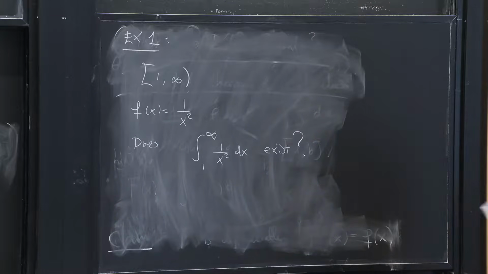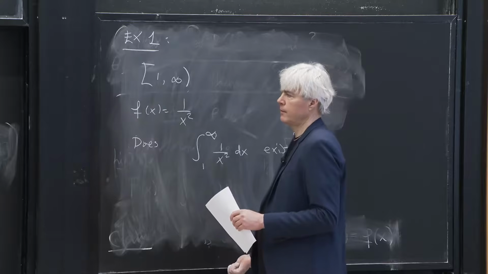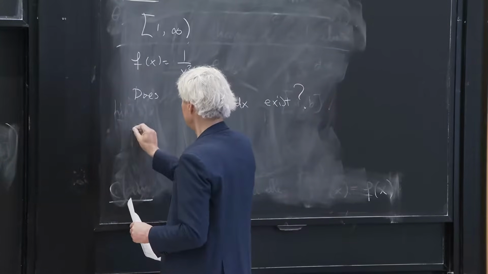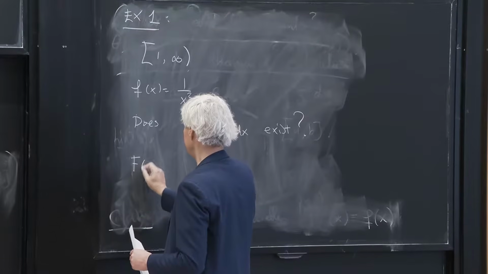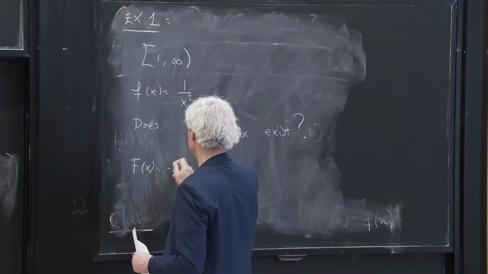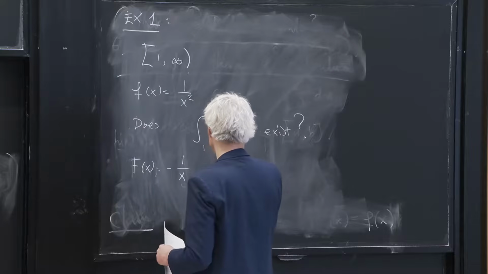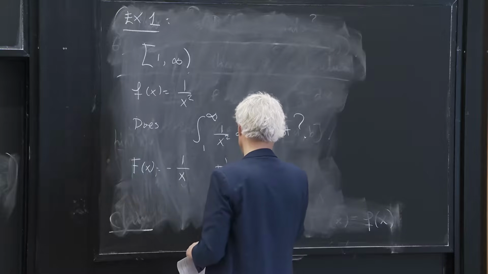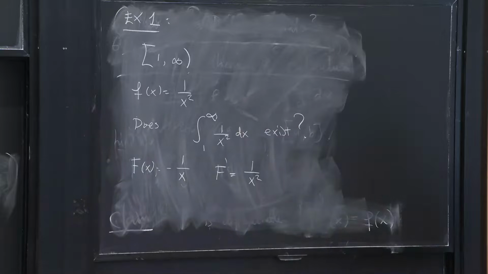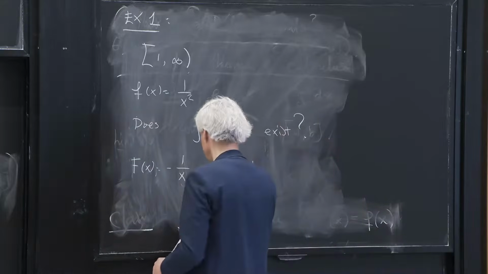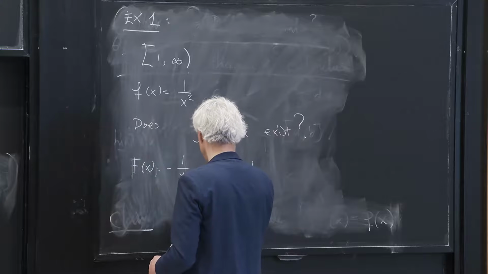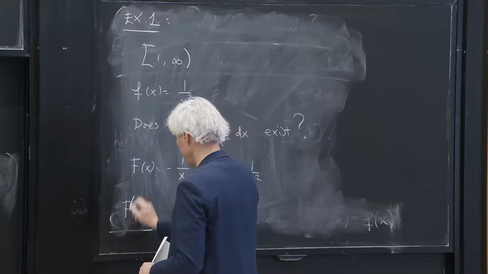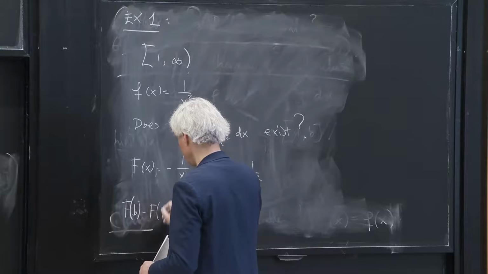We use the fundamental theorem of calculus to determine that. We observe that if f of x is minus 1 over x, then the derivative of this function is 1 over x squared. Therefore, integrating from 1 to b of 1 over x squared dx is the same as f of b minus f of 1.